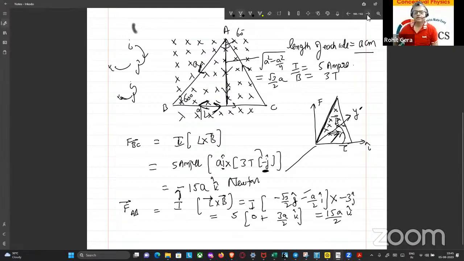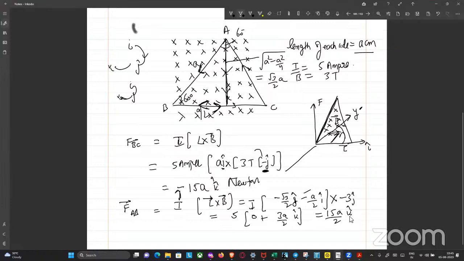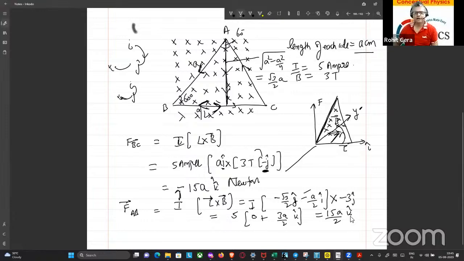So whenever you get these questions, the direction will also come, K. So the vector has come, both magnitude and direction are known. Sometimes if they ask you what is the magnitude, then F_AB is equal to I, magnitude of length, magnitude of B, and the sine of angle between them.